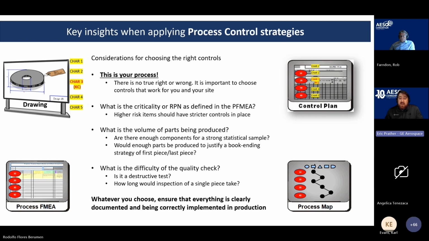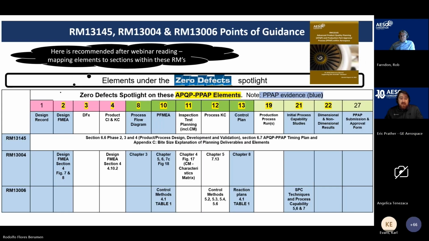If we can go to the next slide. So zero defect spotlight on the APQP elements here, right? That's everything here, the highlighted numbers. And then everything in blue is the PPAP evidence. So these are things that get submitted as part of the PPAP.